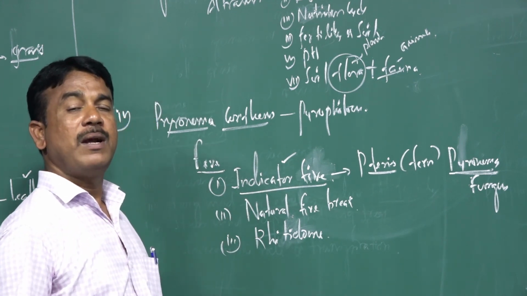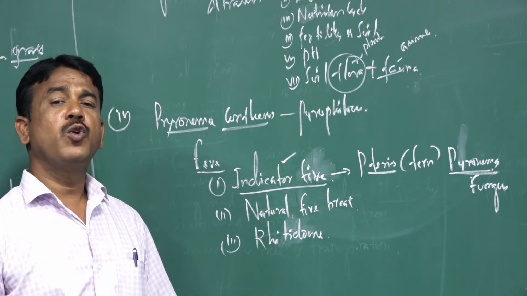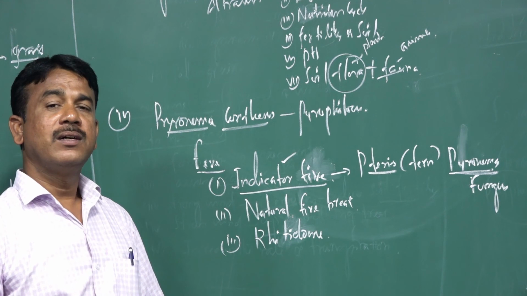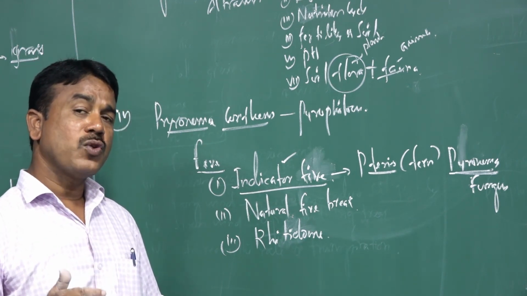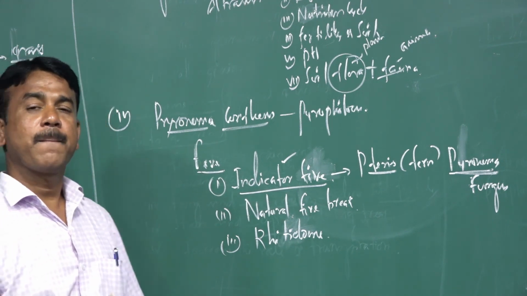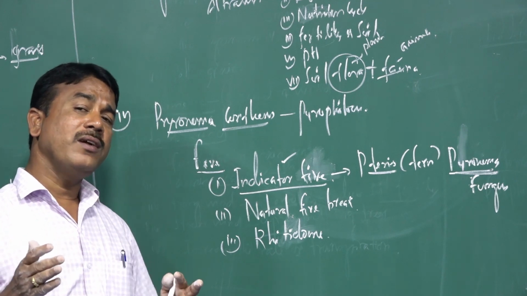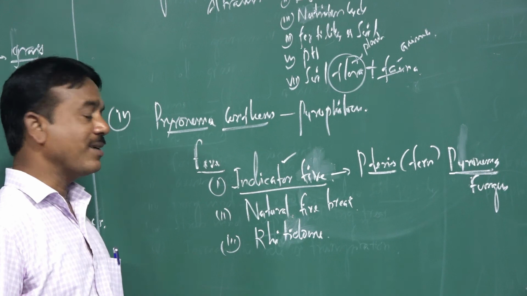The third one is commonly called the rhytidome. What is the rhytidome? It is a structural defense. The structural defenses generally occur in plants against fire. That structural component is commonly called the rhytidome.